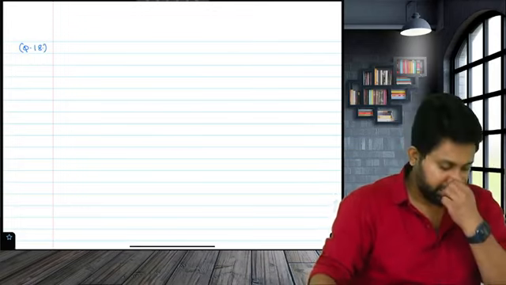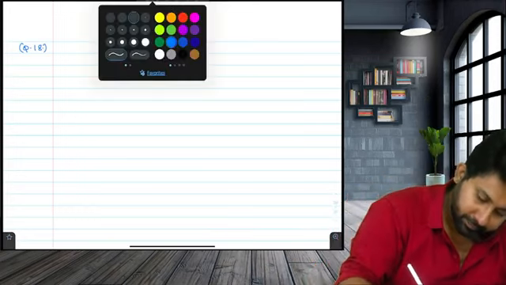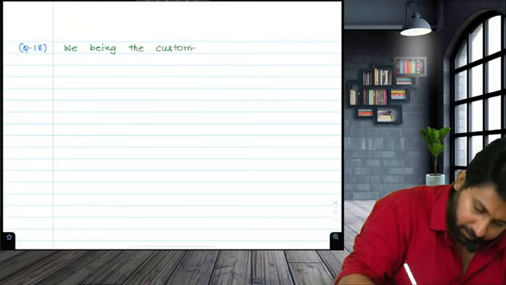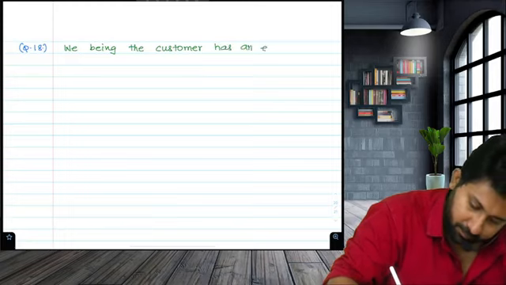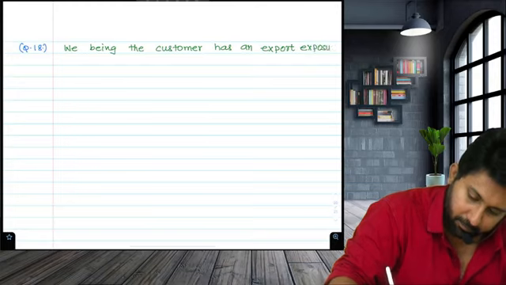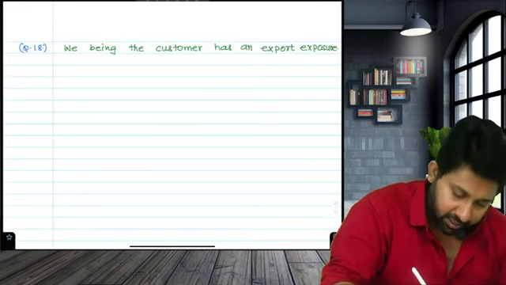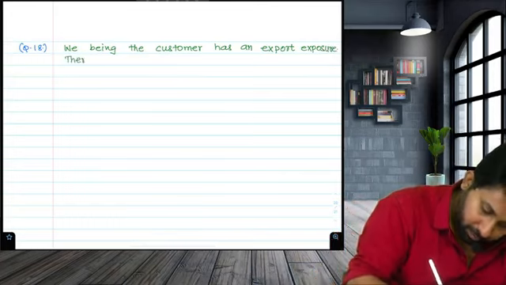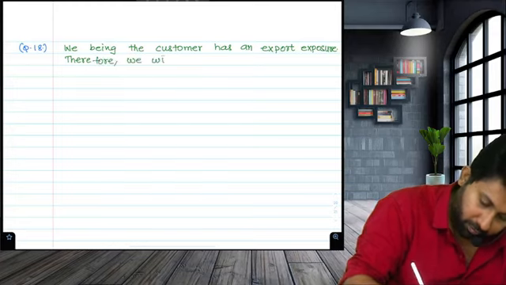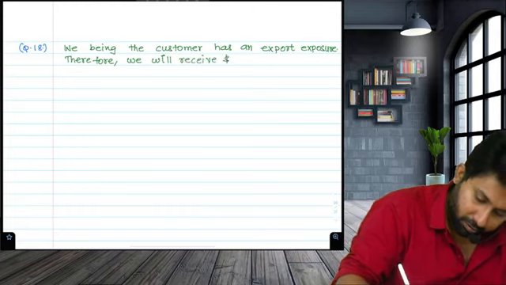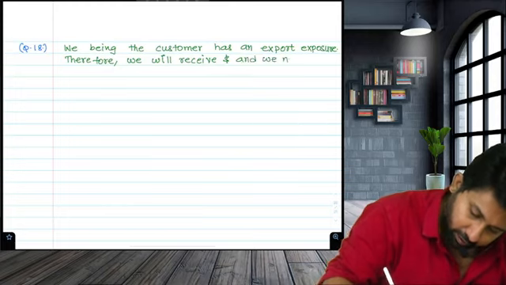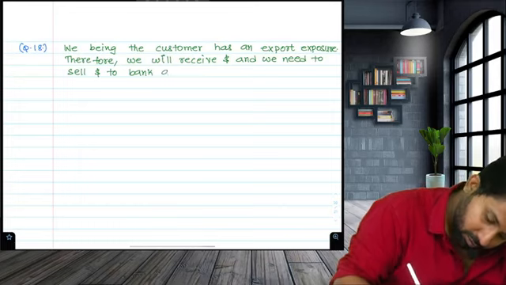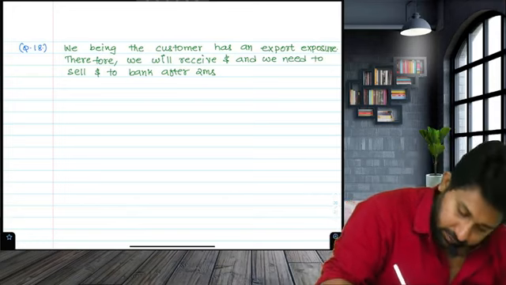Question number 18. First write down. We being exporters have an export exposure. We will receive dollars after 2 months.